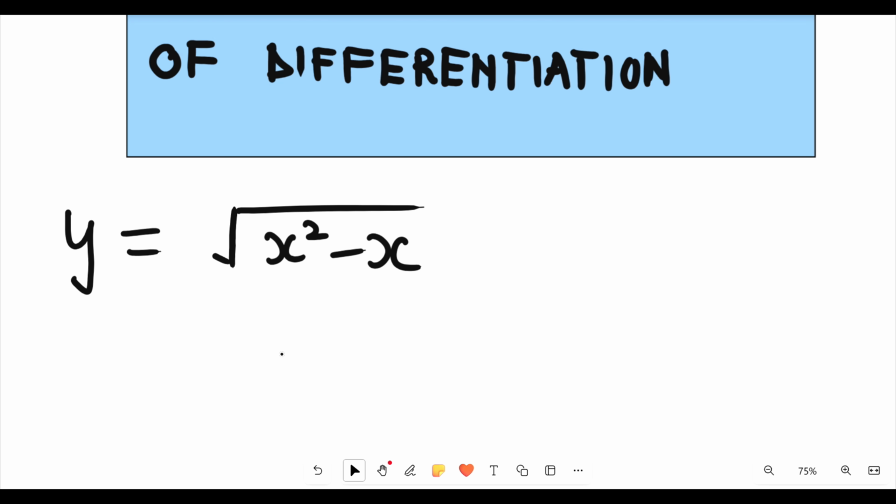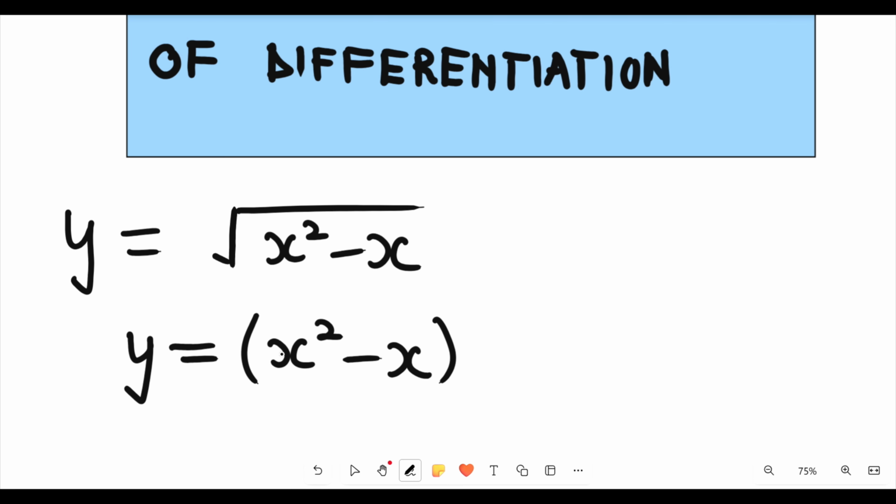The first thing you need to do is to express the square root as exponent half. So you need to rewrite your function as y is equal to x squared minus x in bracket having the power of 1/2. So this is the new form of the given function.